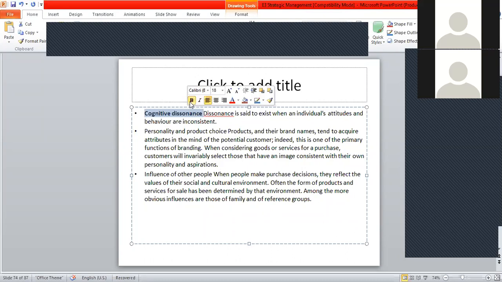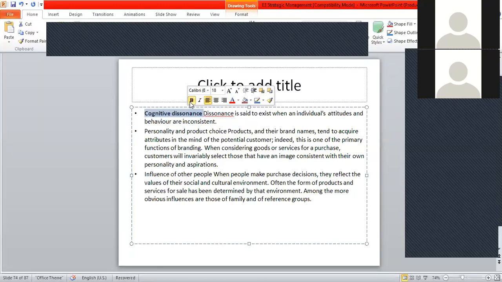Maybe some of them are not satisfied unless they verify with many suppliers, many shops, many malls, and they prefer visiting various places, or on the internet, they understand the products supplied by various suppliers, and later on, after a while, they ultimately take a decision about buying a product. So that's cognitive dissonance, when the individual's attitudes and behavior are inconsistent.